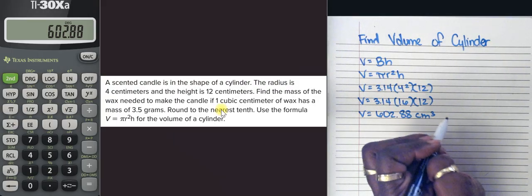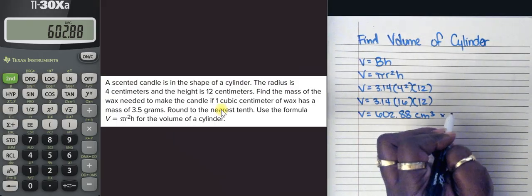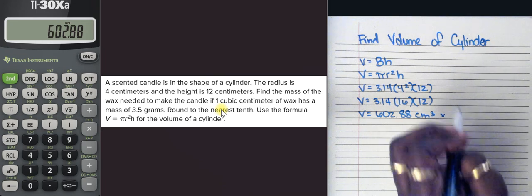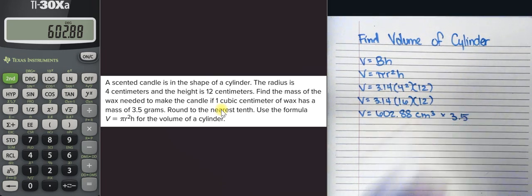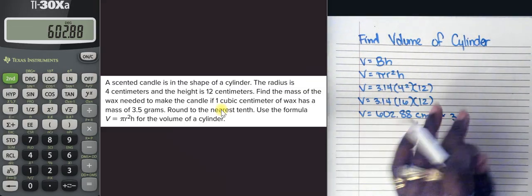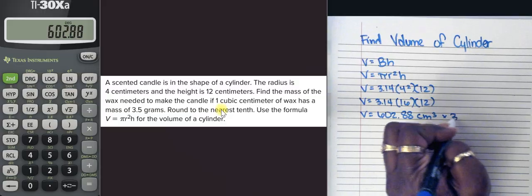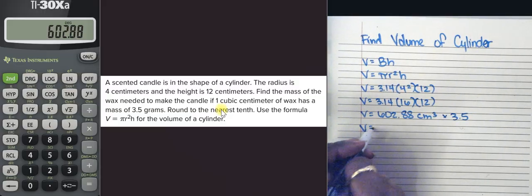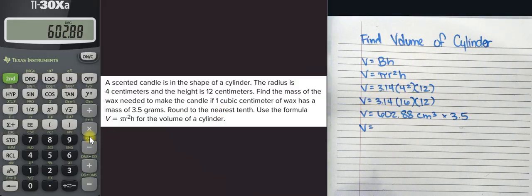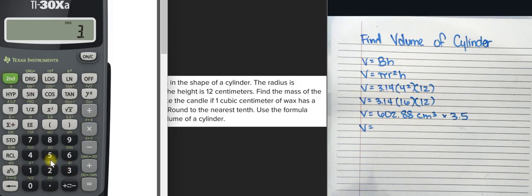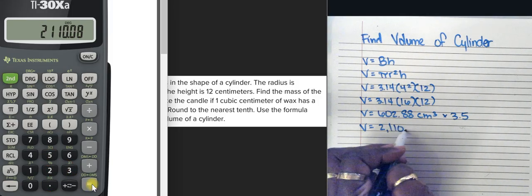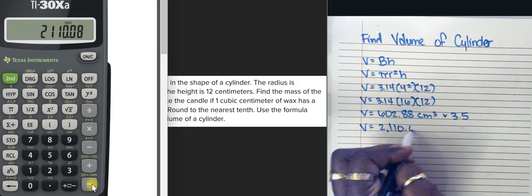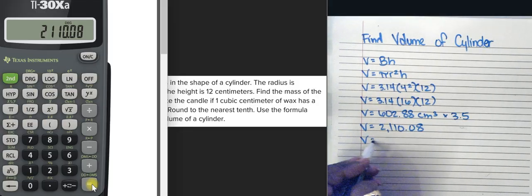So what we're going to do is multiply this by 3.5. Our volume then is going to be 602.88 times 3.5. And we get 2,110.08, but they say round it to the nearest tenth.